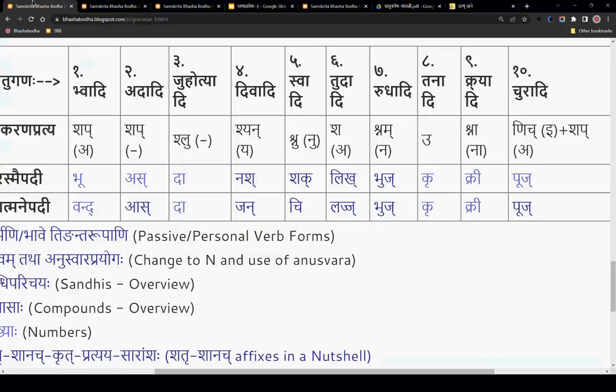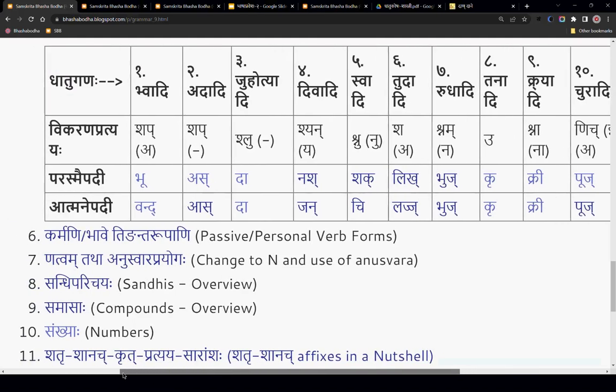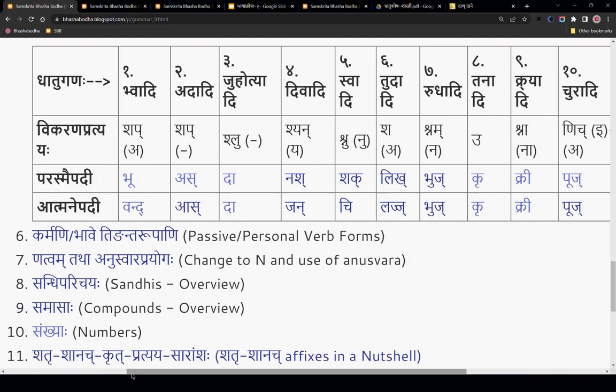As shown here, Parasmepadi, Atmanepadi, 2 categories. Dhatu can be classified, or it could be Ubhayapadi also, like a Kru Dhatu or Kri Dhatu, where it can take either the Parasmaipadi pattern or Atmanepadi pattern.